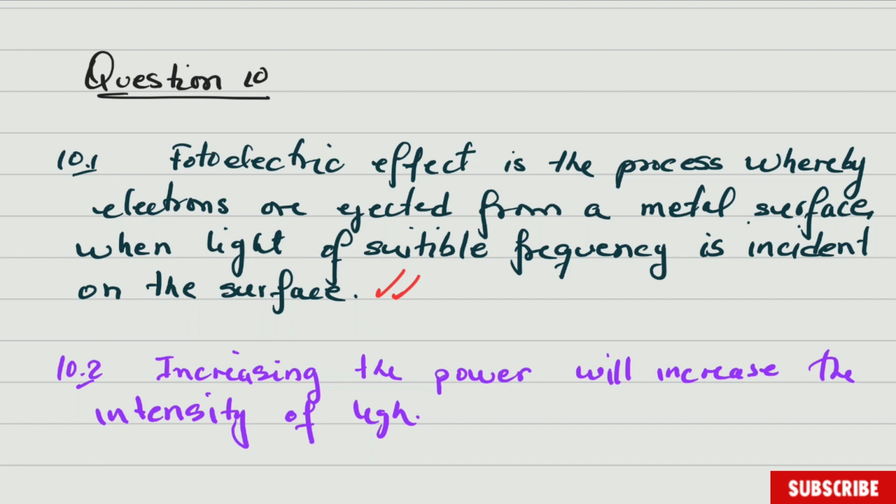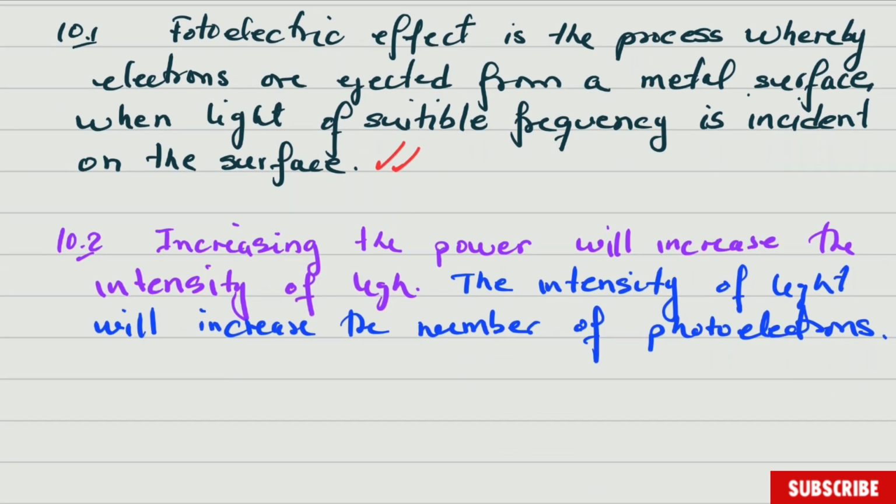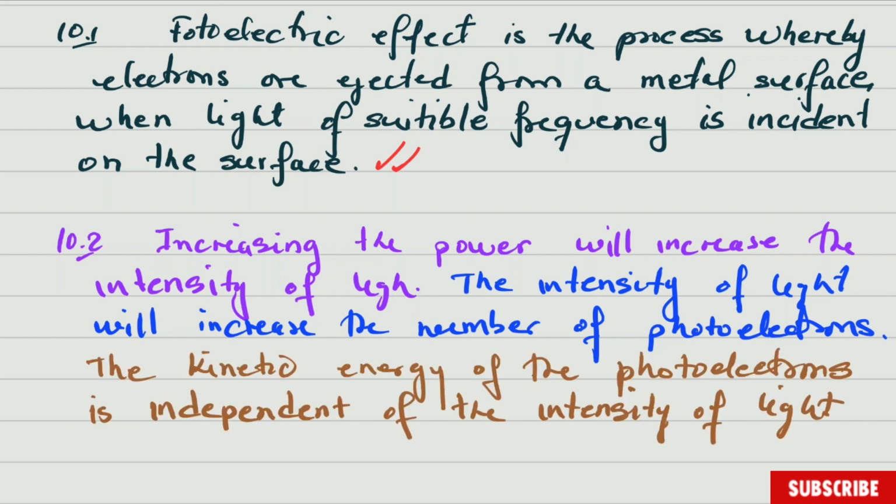So the first thing we have to say here is that increasing the power will increase the intensity of light. Then the intensity of light will increase the number of photoelectrons. The greater the intensity, the more photoelectrons will be ejected. And finally, the kinetic energy of the photoelectron is independent of the intensity of light.